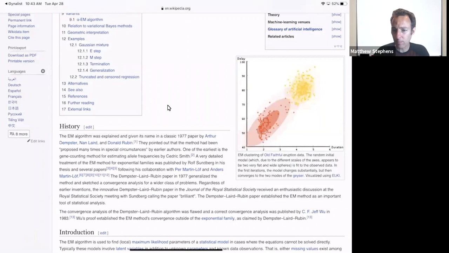The points in the scatter plot are assumed to be the x's, and each point is an x, assumed to come from a mixture of two normal distributions, where each normal distribution has some mean and some variance covariance matrix.